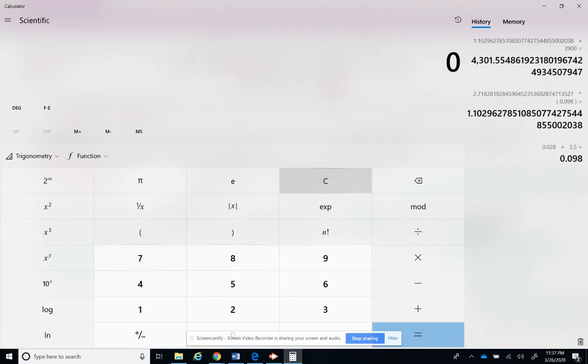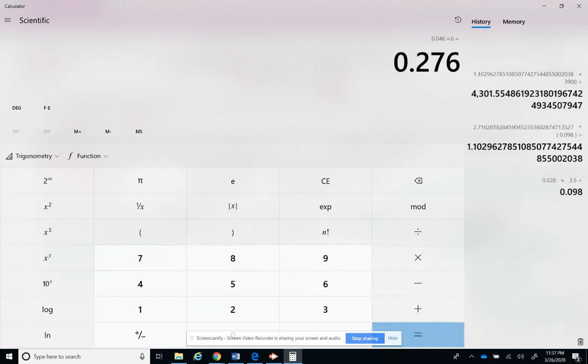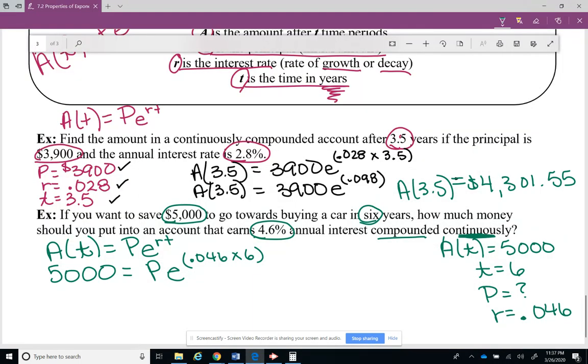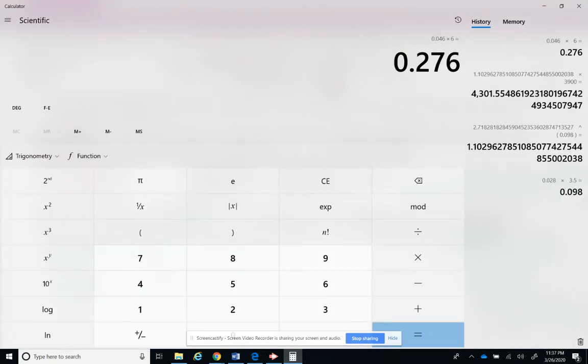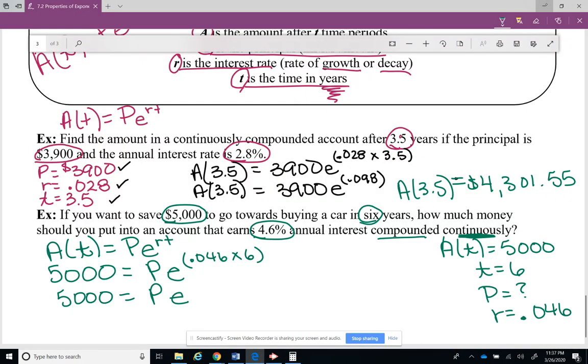All right, let me clear this out. So we're going to do 0.046 times 6. Okay, 0.276. All right, so this is 5,000 equals P times E to the 0.276.